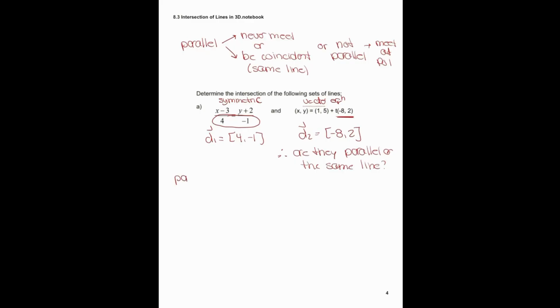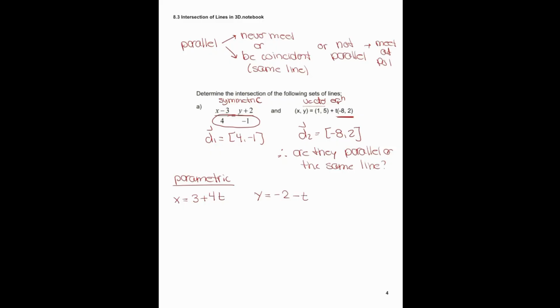As a reminder, the parametric equations just break it down into its x and y components. For line 1, we have x = 3 + 4t. And for y, our y coordinate, we have y = -2 - t.